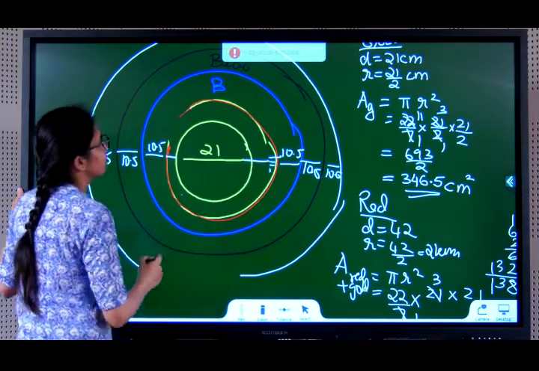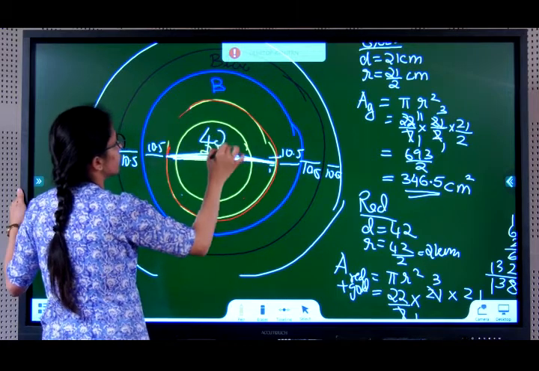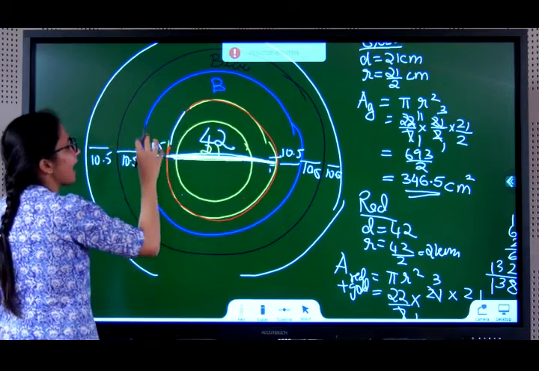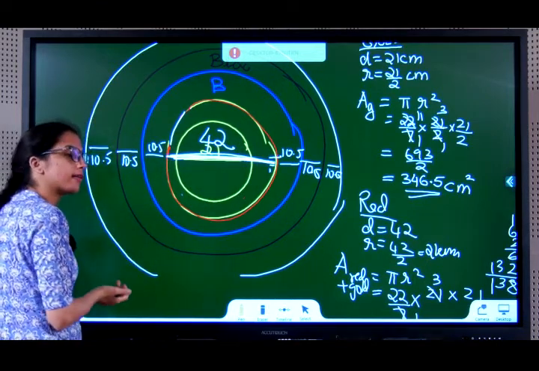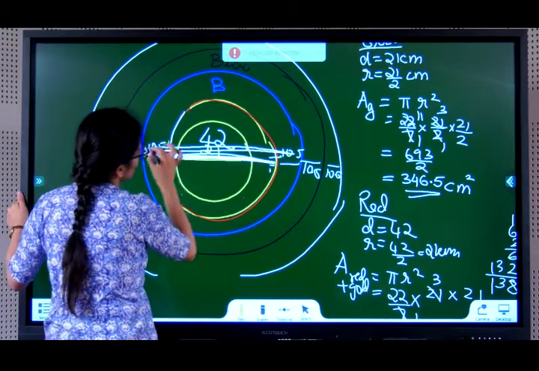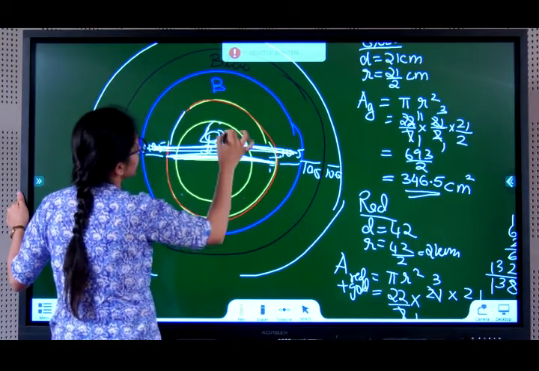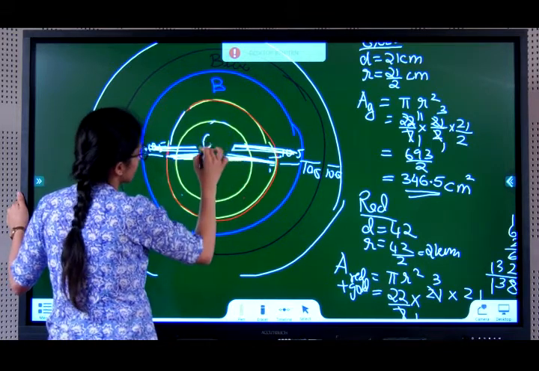What will be my radius of blue? This whole diameter of red is now 42. To the 42, add 10.5 and 10.5. So 42 plus 21, how much is that? 63. So the diameter of the blue circle will now be 63.